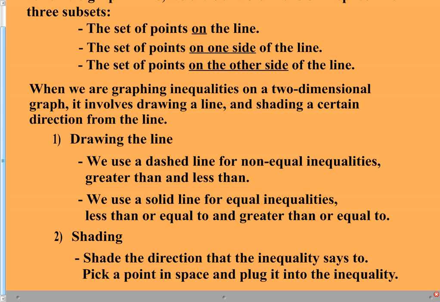What we mean by a point in space is simply a point that is not already on the line. When we plug it into the inequality, we will get messages back from the equation that tell us whether or not we should shade towards that point or away from that point. Okay, so let's get into it and have a look at some examples.